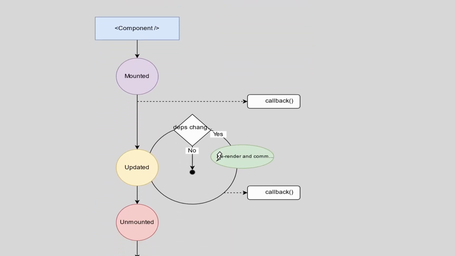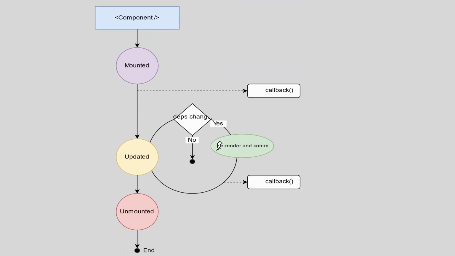Next, I'm gonna explain about the flow of useEffect. After triggering the component, first it will mount the useEffect and it will check for the dependency changes. If there is a dependency change, then it will trigger the re-rendering and re-render the UI, and it will check whether there are any dependency changes or not.